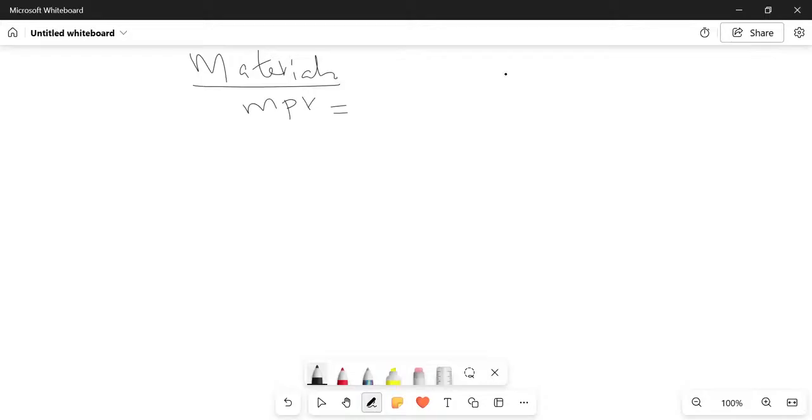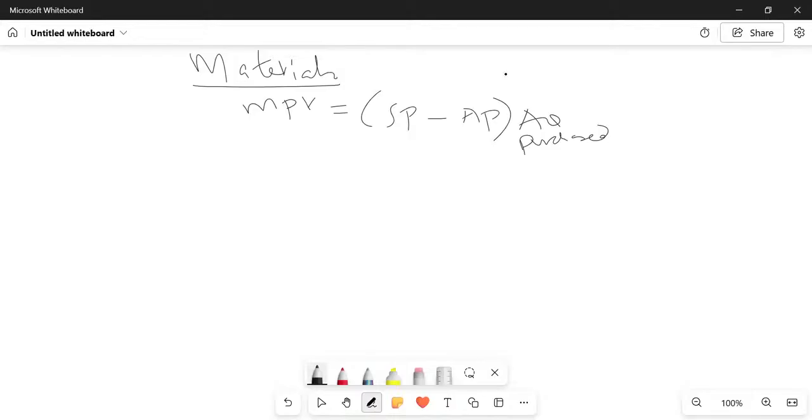Standard price minus actual price, multiplied by the actual quantity of materials. I like this because when Mwalimu does it, it looks easy, but when I try doing it, it looks a bit hard. It boils down to practice. You must practice a lot.